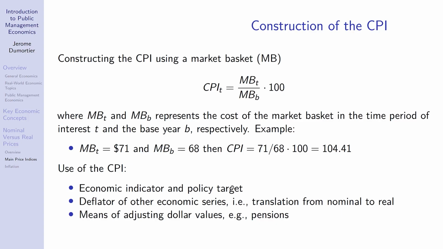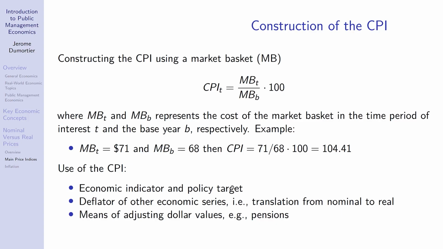Hence, the CPI is calculated as the market basket in time t divided by the market basket in the base period, that would be a year ago, and hence you can see that the CPI for this year would be 104.41, meaning that the price increase was 4.41% compared to the previous year.